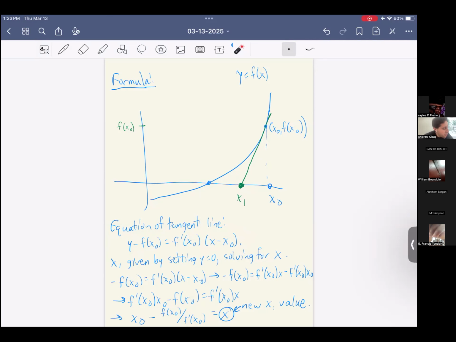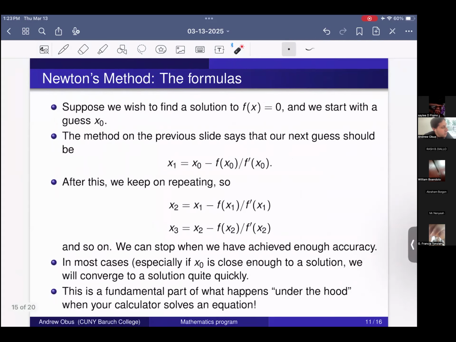Okay, so I have that formula here on the next page. If we want to find a solution to f of x equals 0, and we start with a guess x0, then the method on the previous slide says that our next guess, we'll call it x1, is we take our original guess and subtract off f of x0 divided by f prime of x0. And once we have one guess, we can just keep repeating the procedure. So our next guess is x1 minus f of x1 divided by f prime of x1.